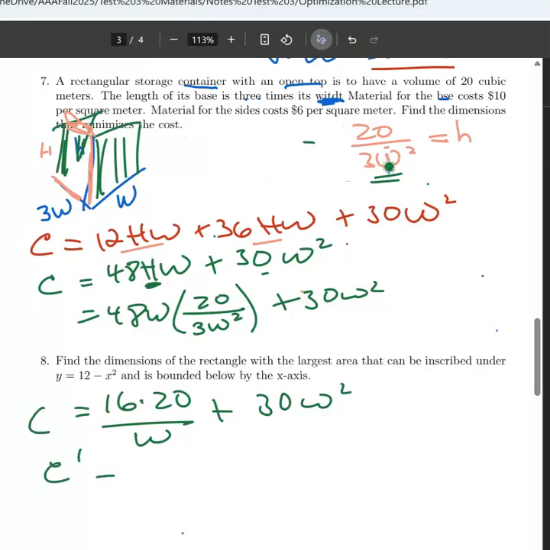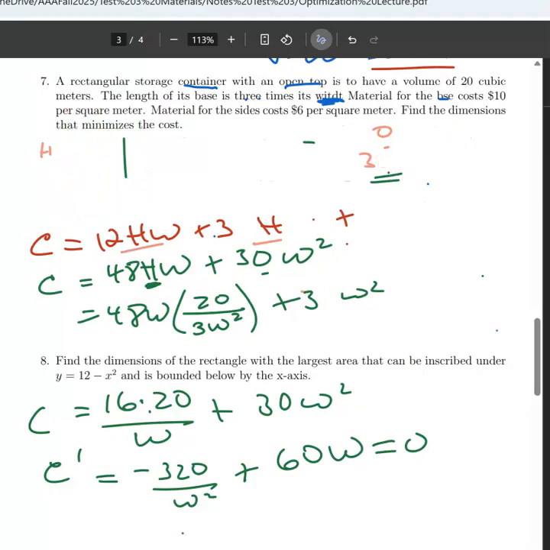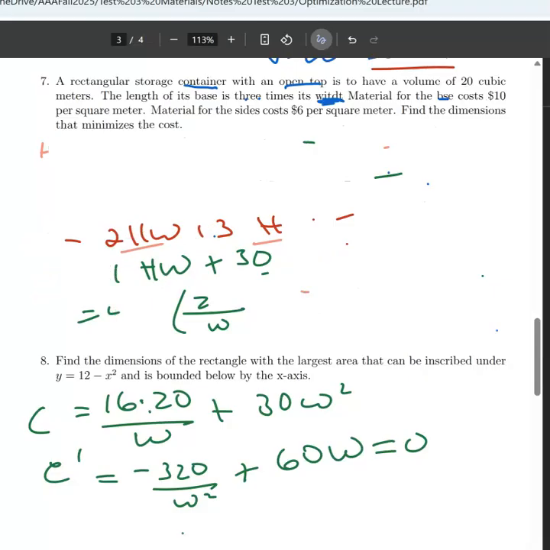So C prime, this turns out to be negative 320 over W squared plus 60W. Set that equal to 0. Let's come back up here again. Long problems, right?